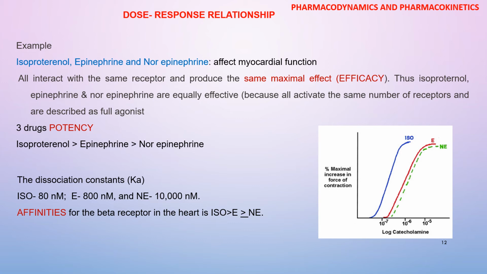But the potency or the EC50 value of ISO is less than E and NE, making it more potent than the other two. Thus, the efficacy of a drug is independent of its potency and affinity to the receptors.